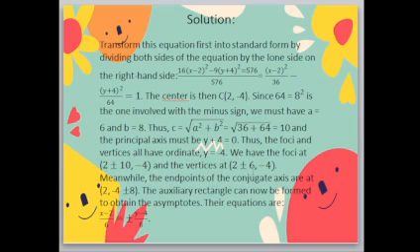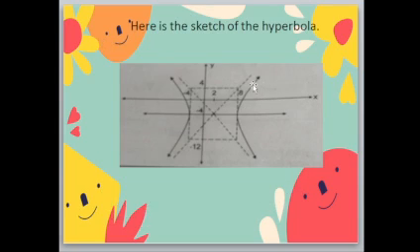And 2 minus 6, we have negative 4. And the endpoints of the conjugate axis are 2. We have negative 4 plus 8 is 4, and negative 4 minus 8 is negative 12. So, that's the reason why ingon ani ang ato ang graph for that.